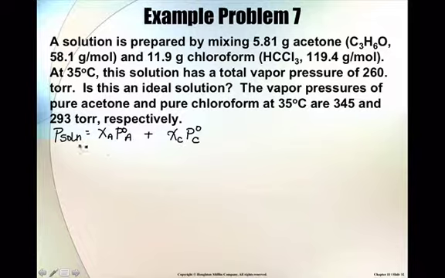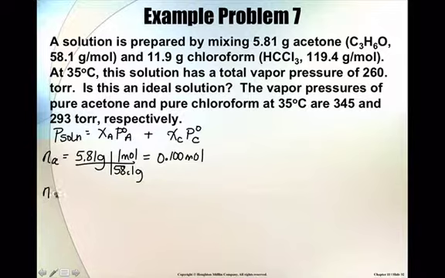If I do both of those calculations and add them up, that'll tell me the total vapor pressure of the solution. Calculating these individually, I just need to know the moles of each of these. The moles of acetone would be 5.81 grams of acetone, and they gave me the molar mass, 58.1 grams is 1 mole. When I do that, I get 0.100 moles of acetone.